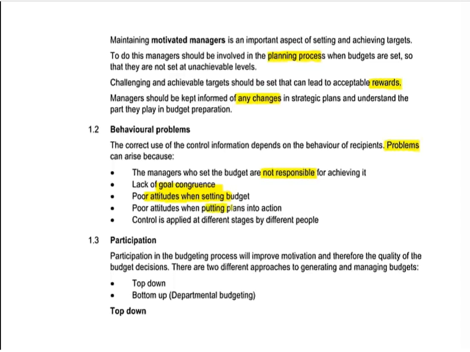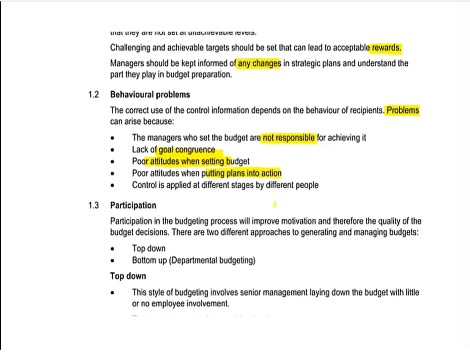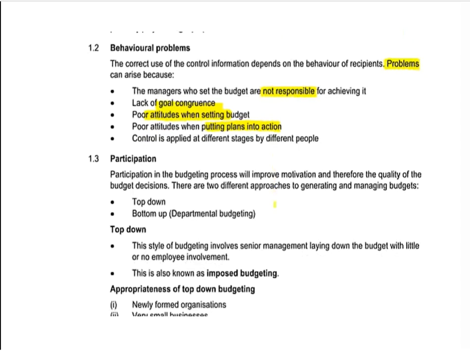Or it might be indifference or poor attitudes when actually trying to implement the budget and reach those targets. And that can occur especially if people don't feel that it's achievable, or that it wasn't a good idea, or that there's no reason for them to get involved. And we'll end up then with control at different stages by different people who might have different attitudes. So a bit of a conflict.